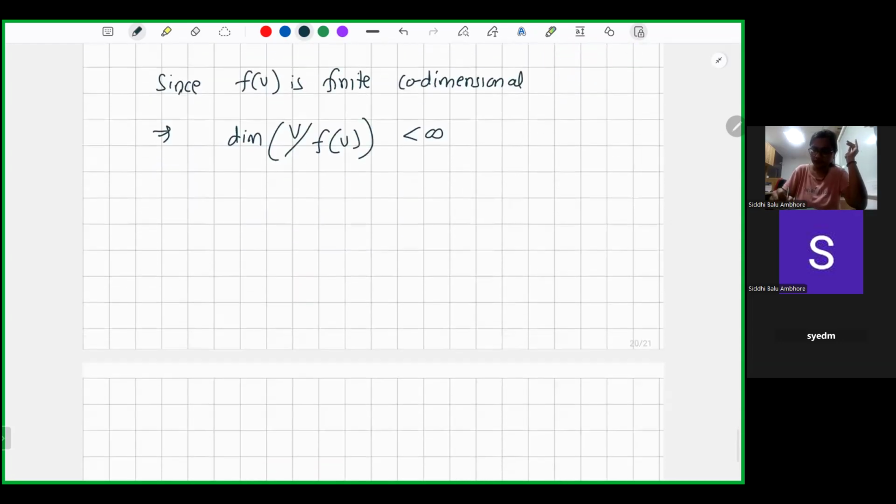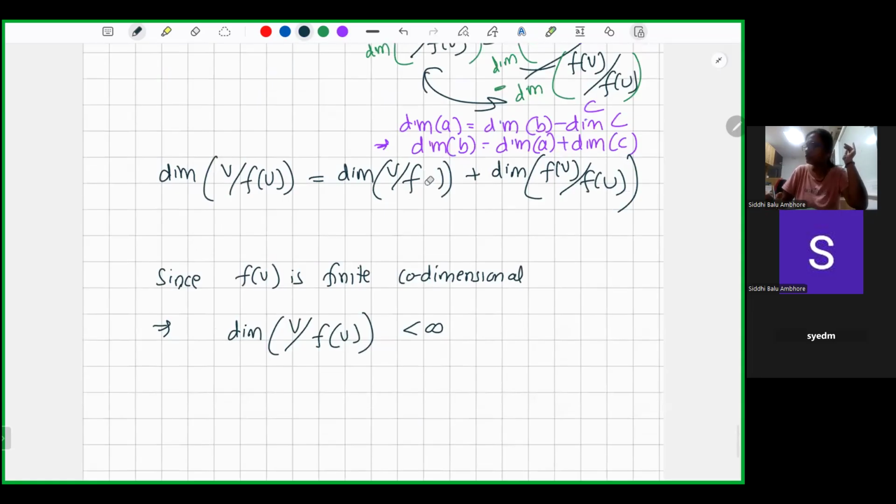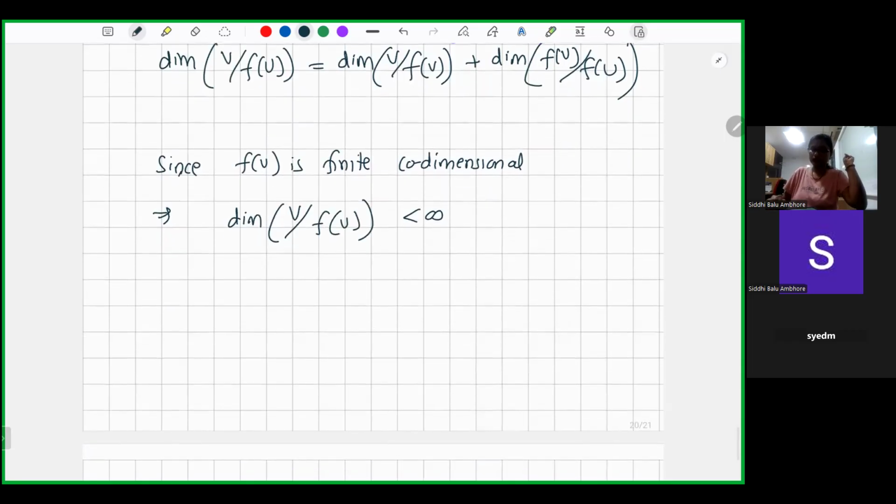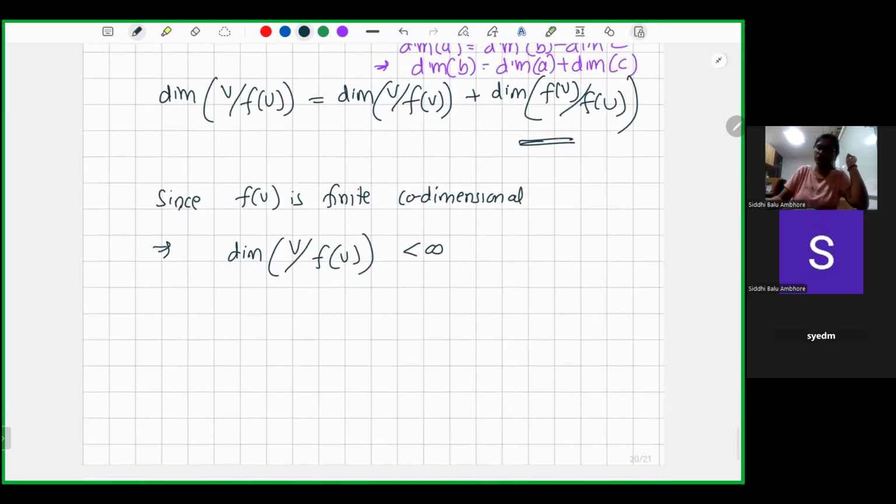Oh, this is U or V, yeah, V. And we have to now prove that the dimension of this is finite.